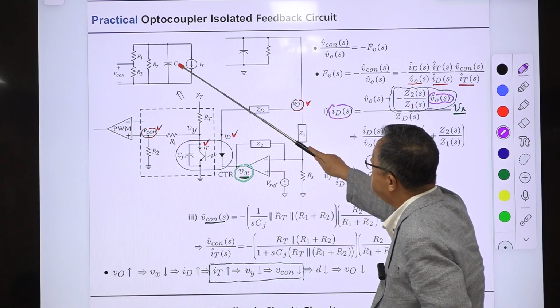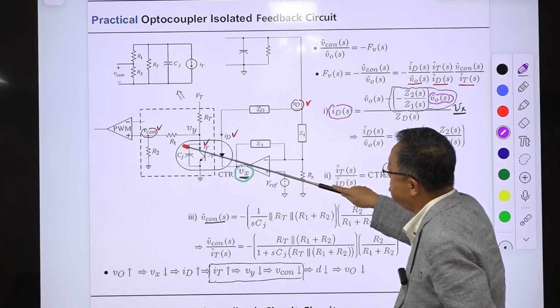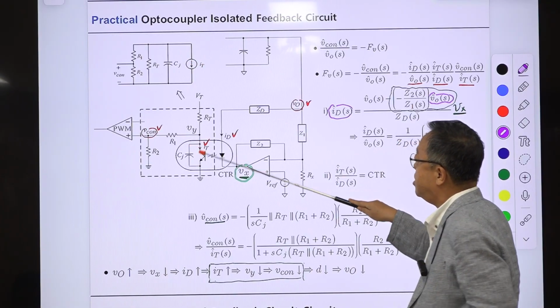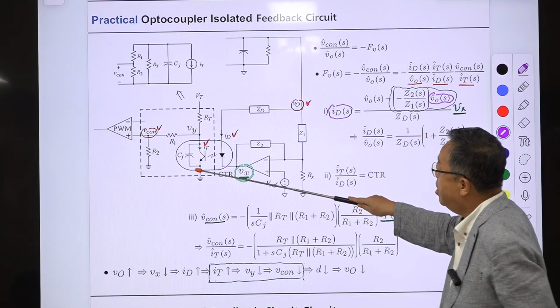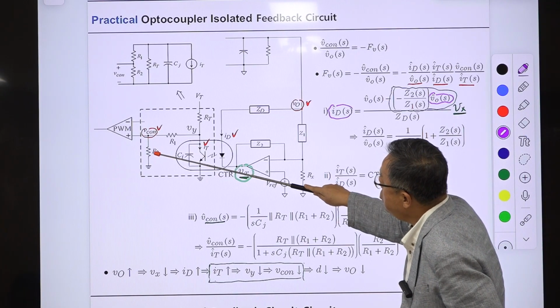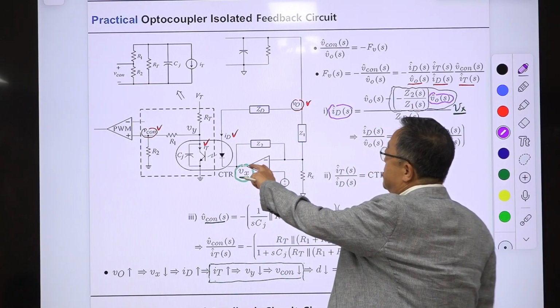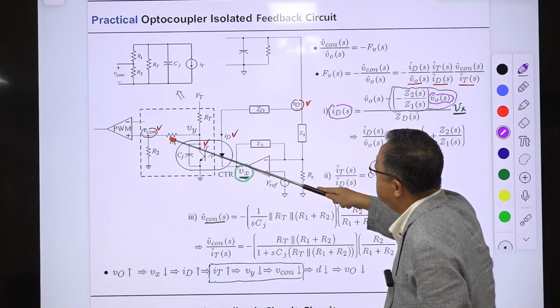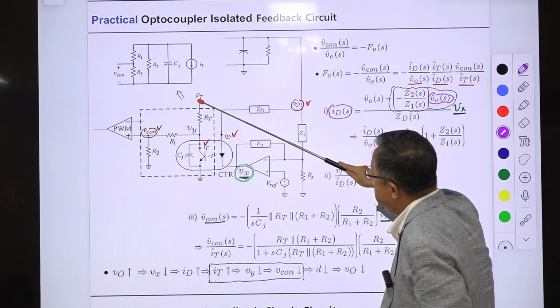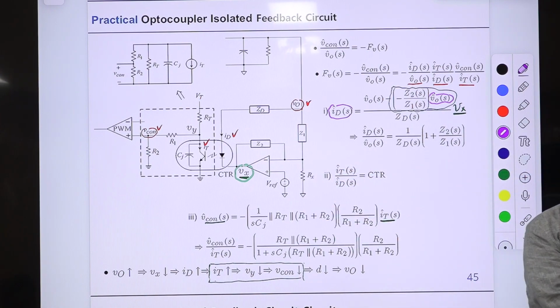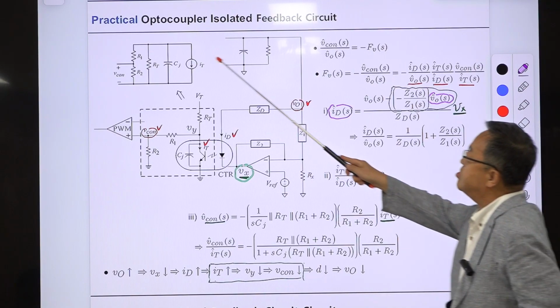So you have a current source here, and this is the CJ, parasitic capacitance of this optocoupler, and this is R2 and R1. They are in series, and the VCon is taken in the middle, and RT. This port is grounded in AC. Okay, there is a fixed DC value. That means in terms of AC, it's grounded. So this is the circuit.